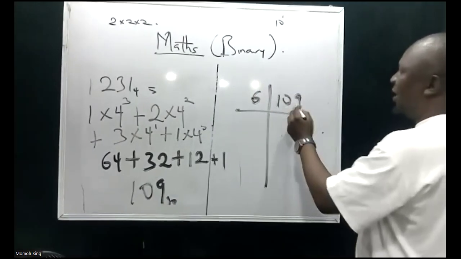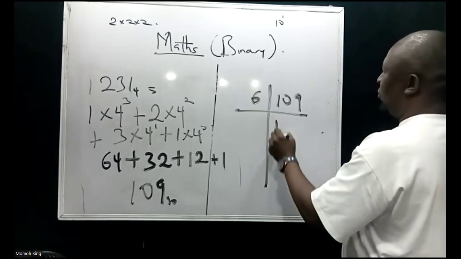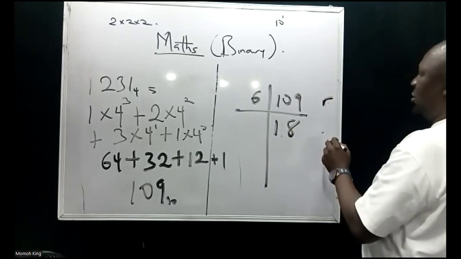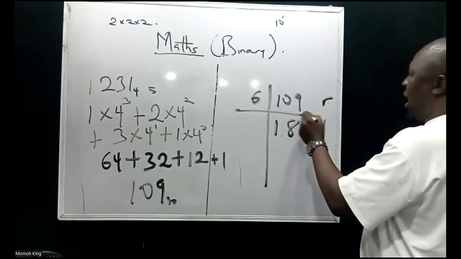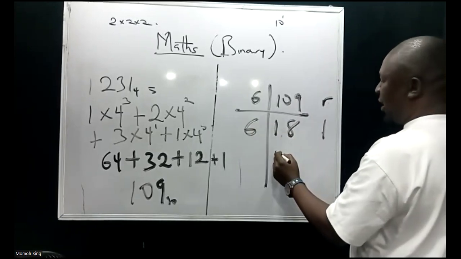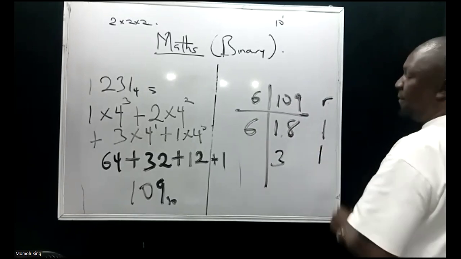Now, how many times can 6 go into 109? It's 18, remainder 1. Are we right? This is another 6. This 6 will go into 18 how many times? 3 times, minus 0.